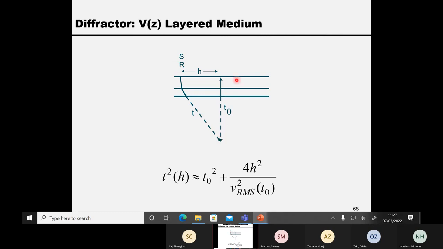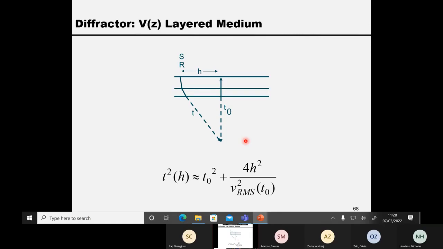But for a layered structure, this velocity for the near offset, the small offset, is mathematically derived as the RMS velocity, root mean square velocity, based on these layers, right? So this is the relationship between the migration velocity and the layered velocity.